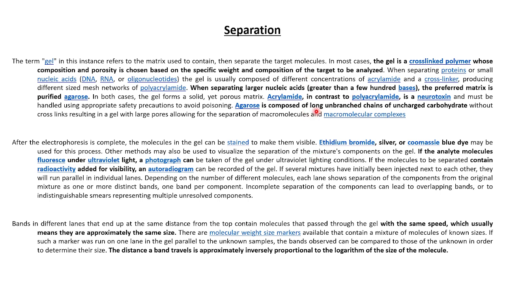Now, acrylamide, in contrast to polyacrylamide, is a neurotoxin and must be handled with appropriate safety precautions to avoid any kind of poisoning. On the other hand, agarose is composed of long unbranched chains of uncharged carbohydrates without crosslinks, resulting in a gel with large pores for the separation of macromolecules and macromolecular complexes.